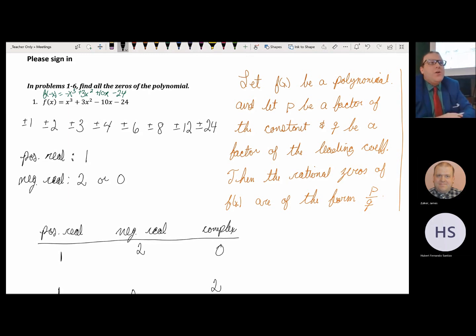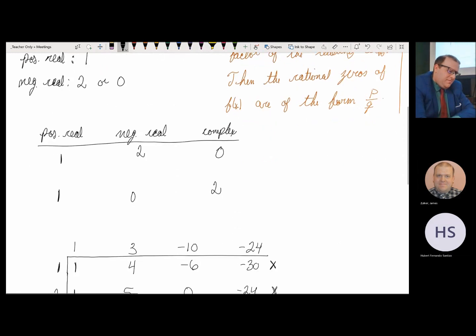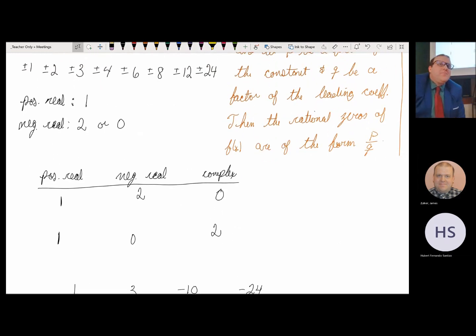The leading coefficient was 1, so that's why we were just able to list those. There you go. That's the method. It's tedious, but not really difficult. The method itself isn't difficult to understand, right?